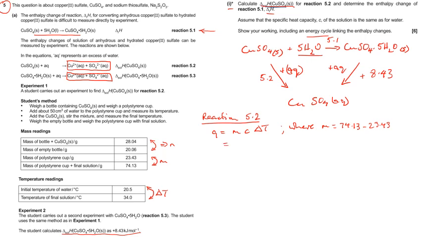When we substitute in that, and c, and delta T, which is 13.5, using 4.18 for c, we get 2861 joules.